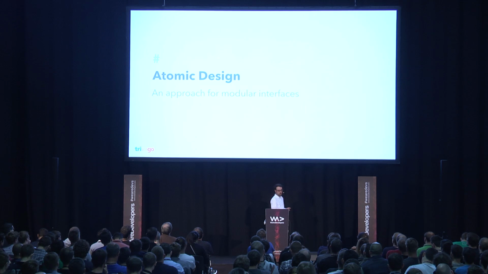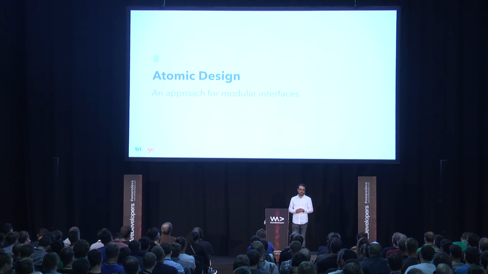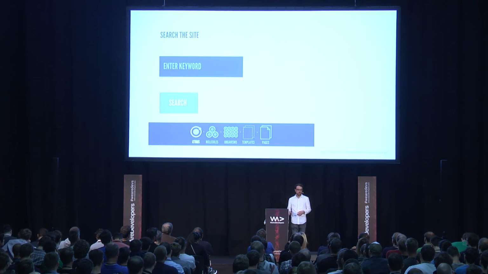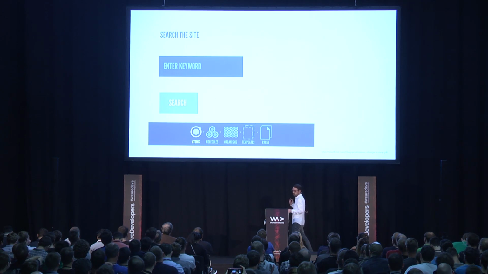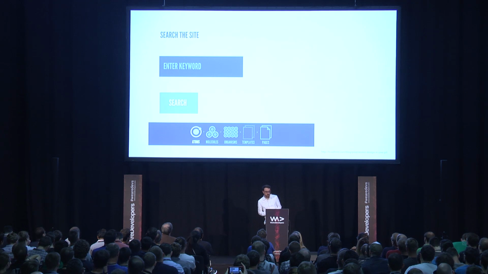Last topic for process: we chose atomic design as our methodology to create modular interfaces. I have a very short animation here showing what atomic design is about, if you have not heard of it before. Basically, you try to make your user interface very granular.